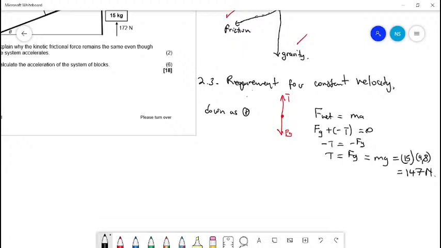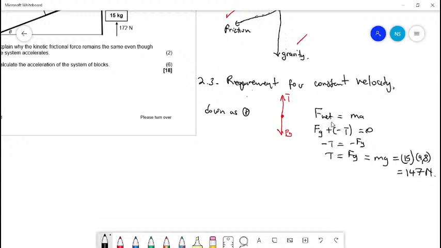And I'm sure at this point, a lot of you are a bit confused. Why am I calculating T? You'll see it as I conclude this question, the reason I'm calculating my T. Because I understand that for me to be able to get the theta, I must do the F nets for both objects, right? And the problem that I had is that I did not know the value of T. So I had to get T before I calculate my theta.